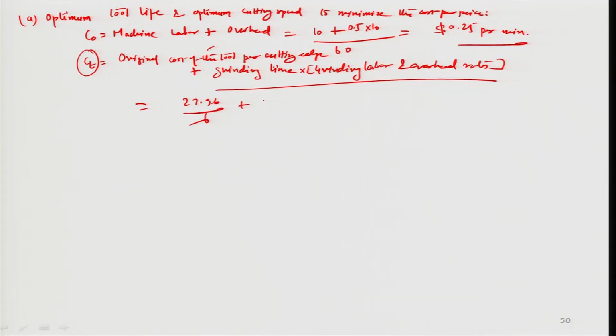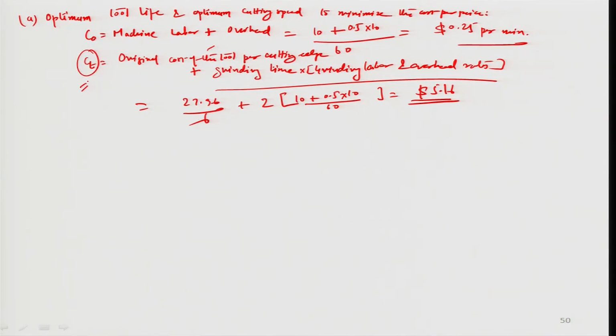So, the total grinding time is given to be about 2 minutes, and the total grinding labor and overhead rates are calculated as 10 plus 0.5 times 10, again in the same manner, divided by 60. So, this comes out to be equal to 5.16 units of currency as the CT value, or the value of the tool for one particular machining operation.